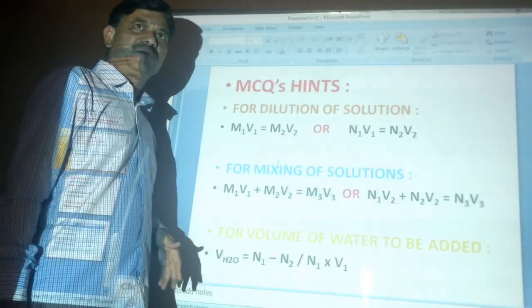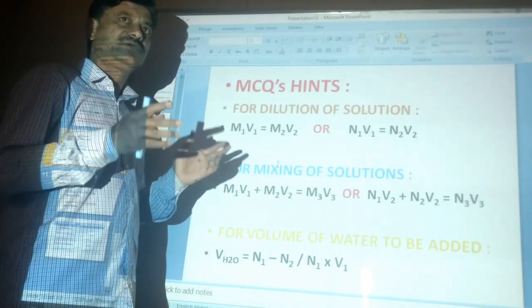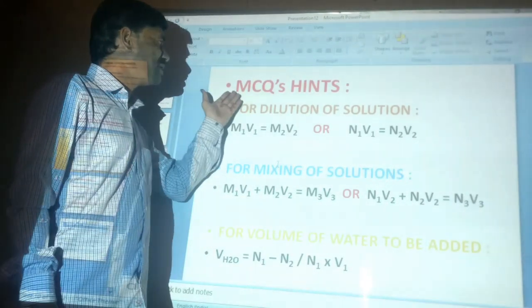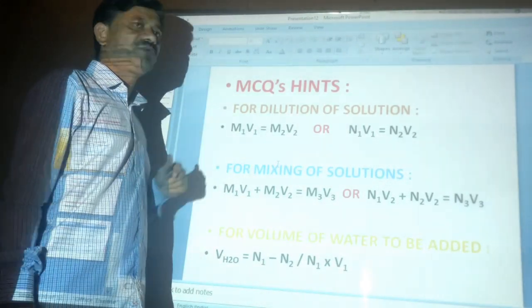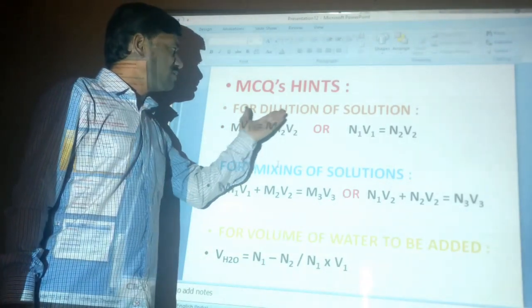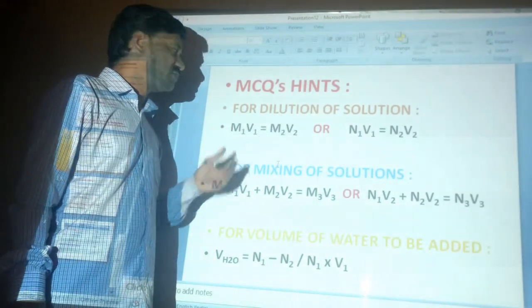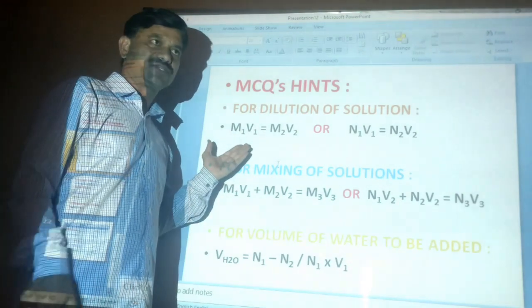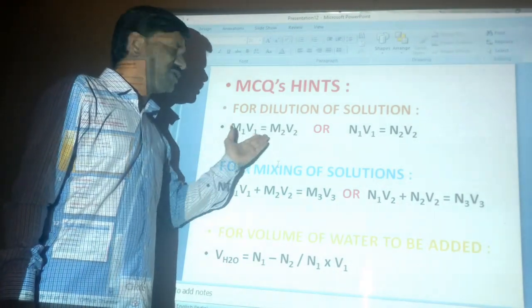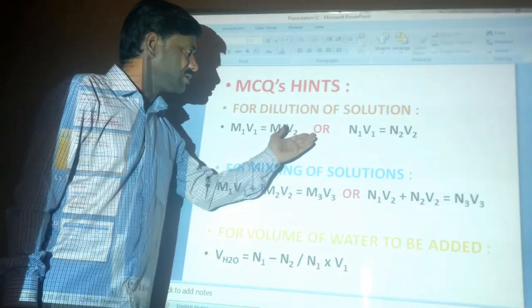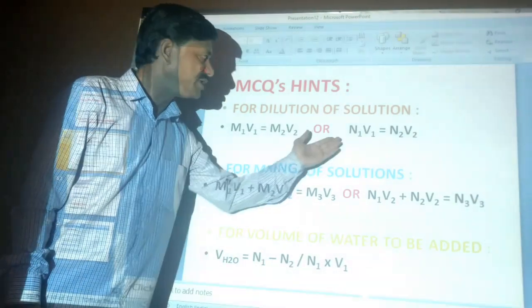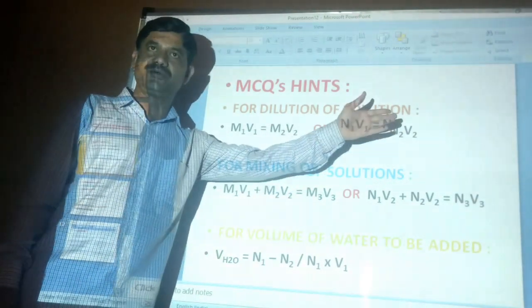Depending upon this theoretical discussion, try to remember these important MCQ hints. What is the first one? Whenever there is the word dilution of solution, then we are going to use this relation: M1V1 equals M2V2, or if normality is given to you, then it becomes N1V1 equals N2V2.